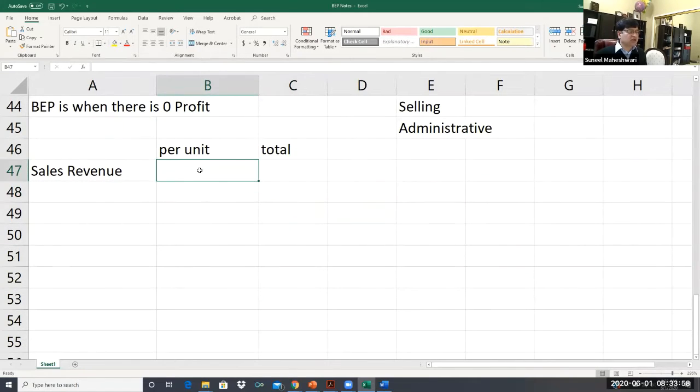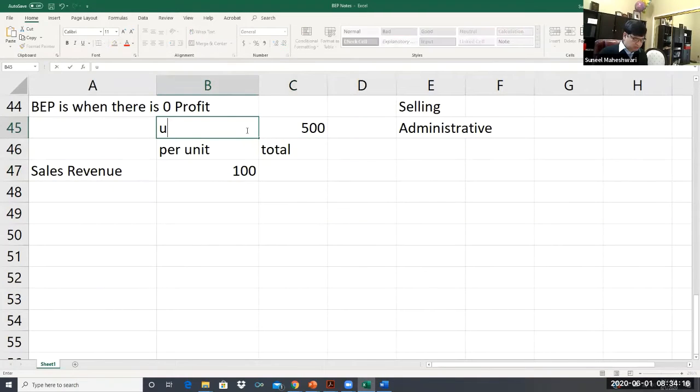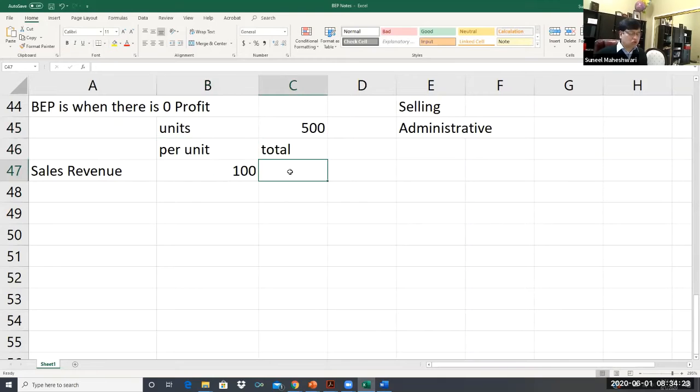Suppose your sales revenue per unit is $100, just for simplicity. And say the total number of units is 500. So your total sales revenue is $100 times 500, $50,000.